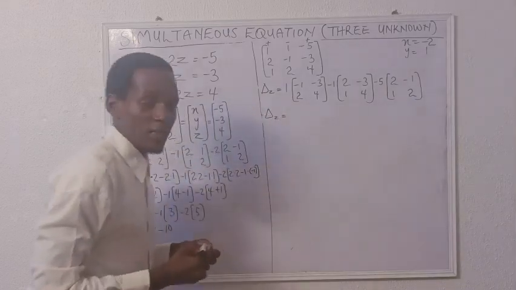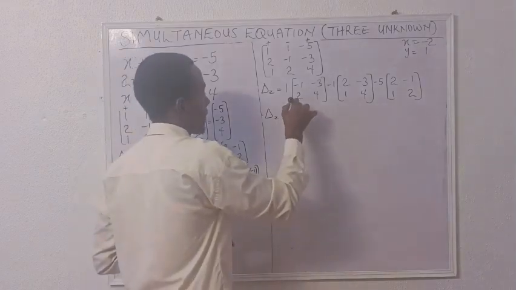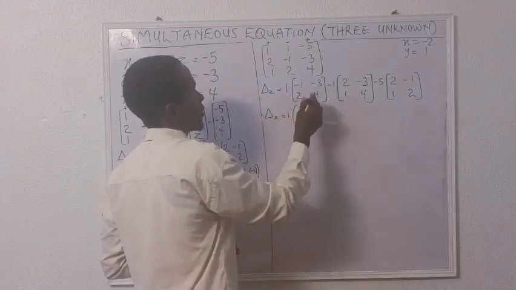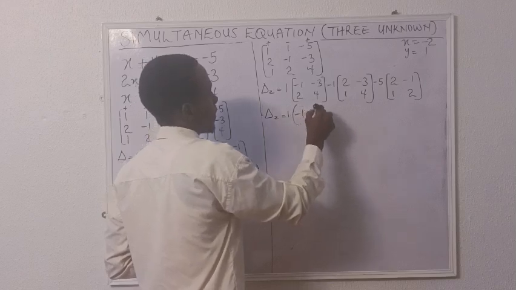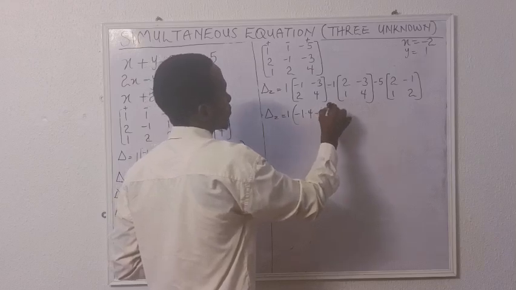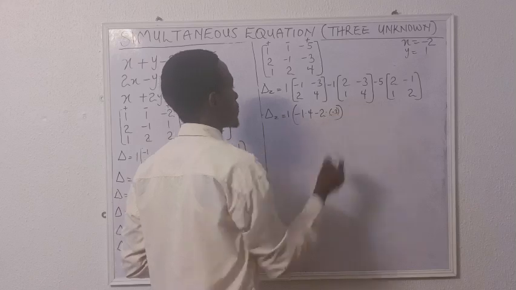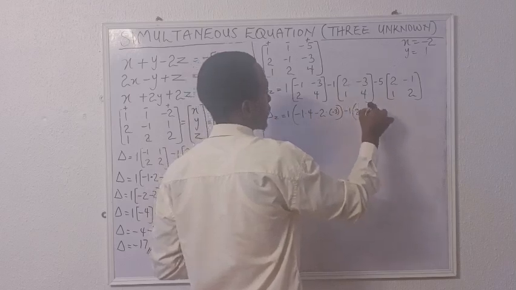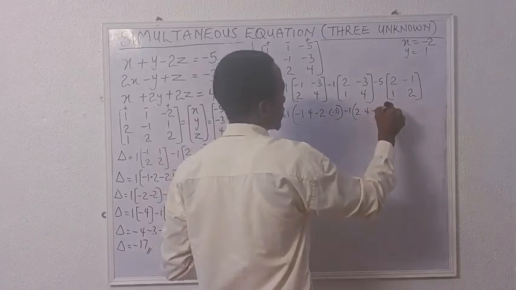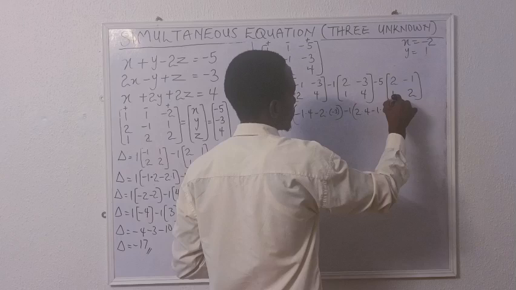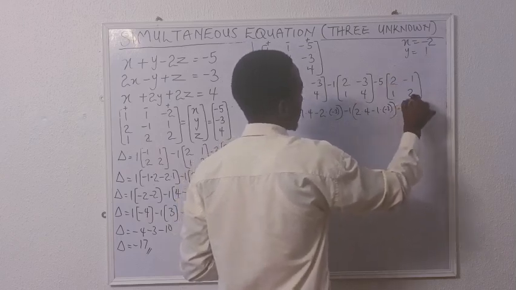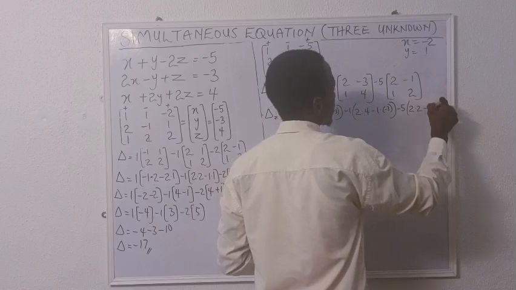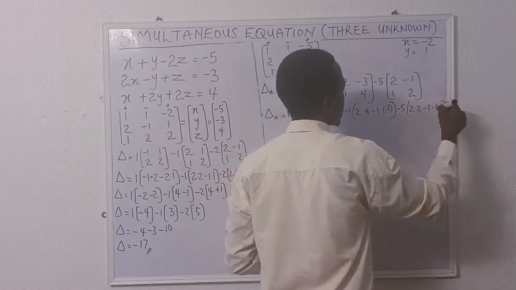Delta z is going to finally be 1. Sorry, I'm going to look for the 2 by 2 matrices. That will give me minus 1 times 4 minus 2 times minus 3. And the second one, minus 1 bracket 2 times 4 minus 1 times minus 3. And the last one, minus 5, 2 times 2 minus 1 times minus 1.